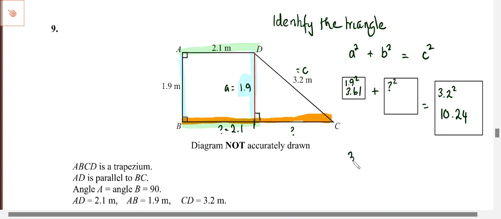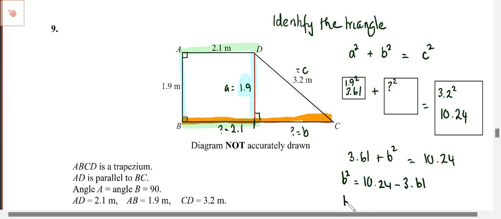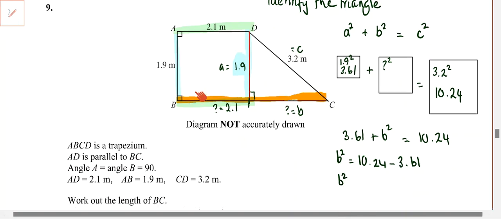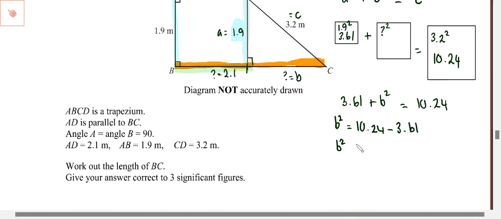So we've got 3.61, this is A squared, plus B squared equals 10.24. And what do we do then? Subtraction. So B squared is 10.24 subtract 3.61 and you get 6.63.